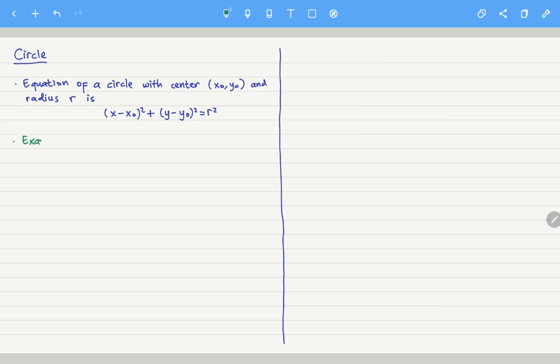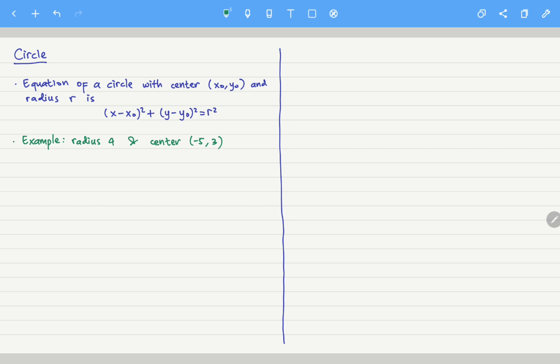So for example, if the radius is 4 and the center is minus 5 comma 3.